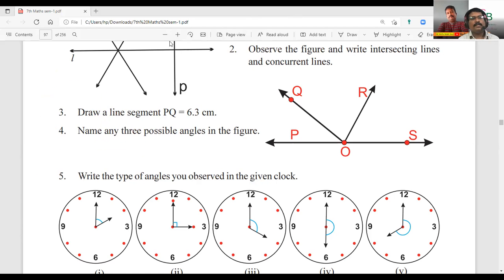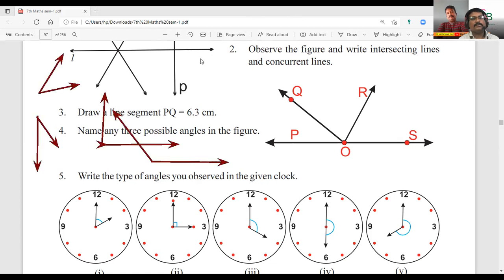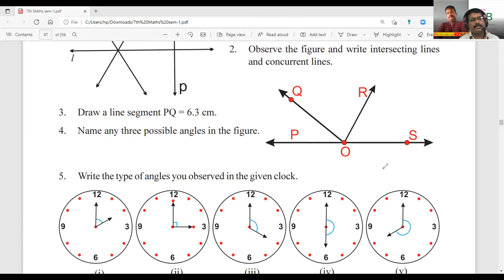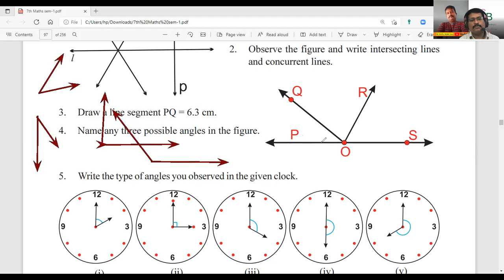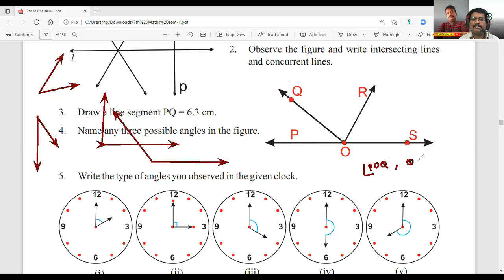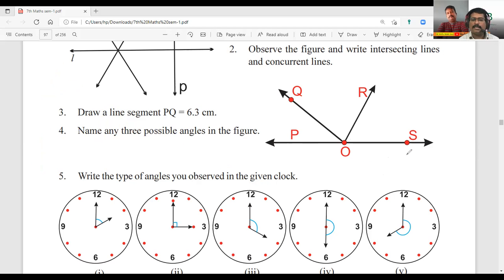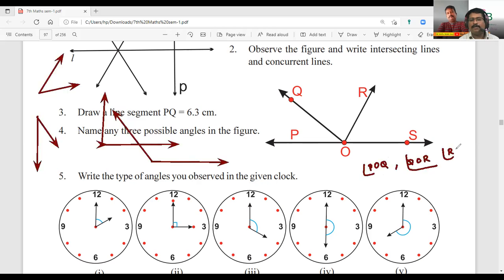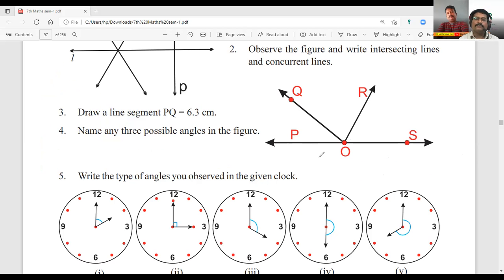So here, angle POQ is an angle, and angle QOR is an angle, and angle ROS is also an angle, and also angle POS is also an angle.